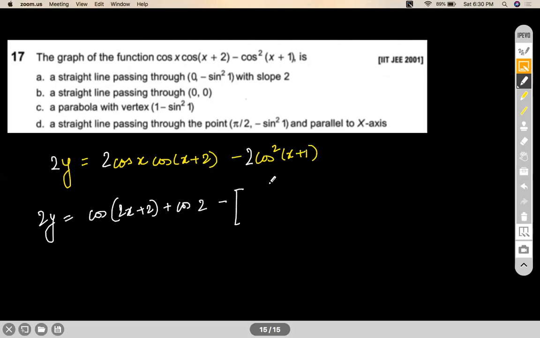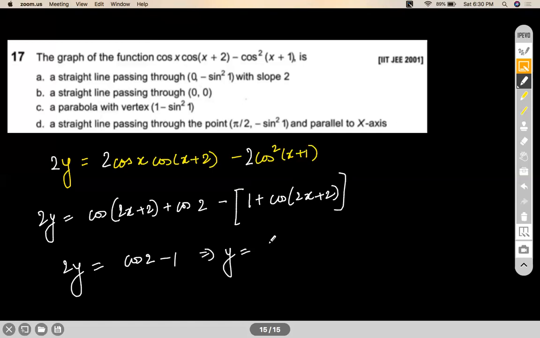And this is going to be 1 plus cos 2x plus 1, and 2x plus 1 is 2x plus 2. So when you simplify this, you'll get cos 2 minus 1, which means y is equal to negative of (1 minus cos 2) by 2, which actually gives you y is equal to negative sine square 1.